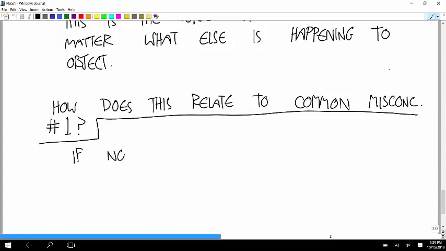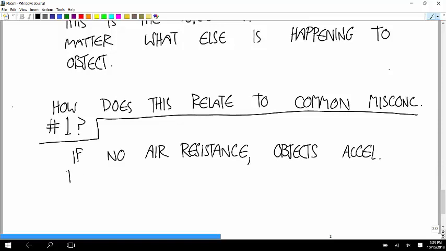So if there's no air resistance, objects accelerate down at an acceleration of g, 9.81 meters per second squared, regardless of the mass.